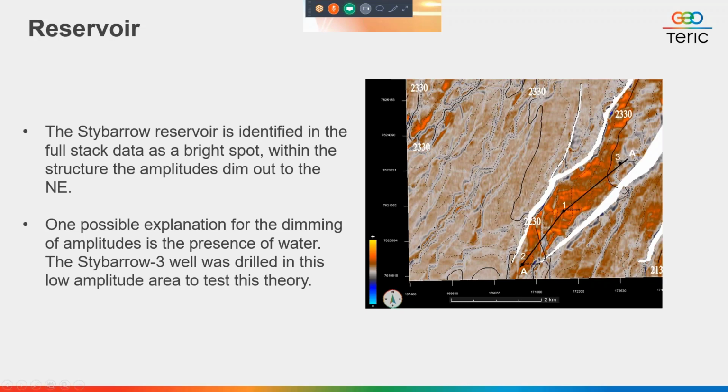In terms of the amplitude extraction, the reservoir is characterized by a bright spot, so high amplitudes.